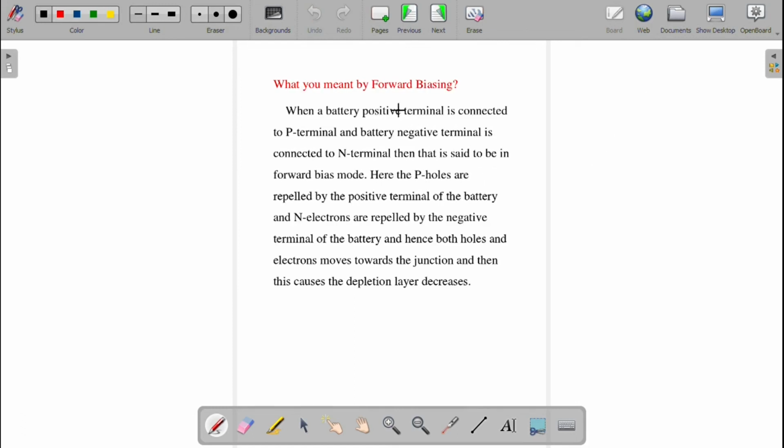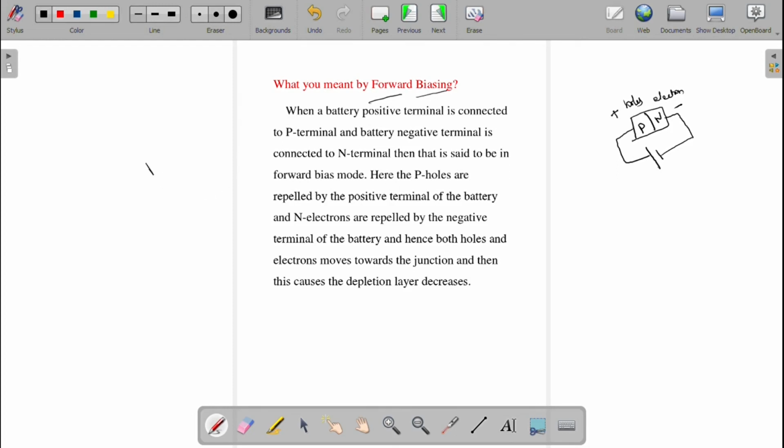Next, what is forward biasing and what is reverse biasing? Just now we discussed the PN junction. This is P-type and this is N-type. P means holes are the majority charge carriers, which is positive charge, and N has electrons as the majority charge carriers, which is negative charge. If the P-type is connected to the positive terminal of the battery and the N-type is connected to the negative terminal of the battery, then the connection is called forward biasing.